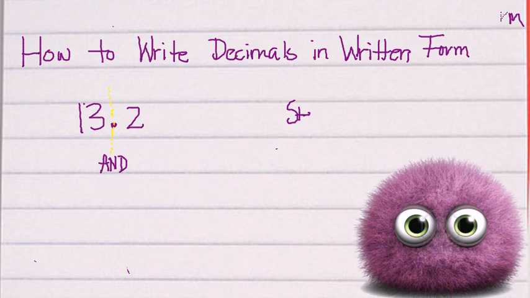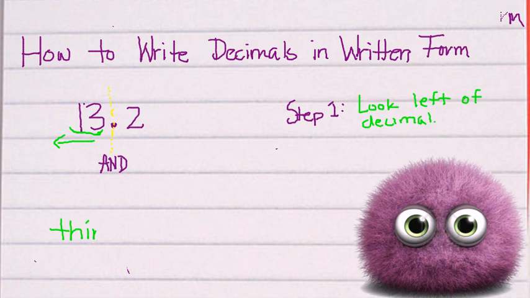Step 1 is to look at everything on the left-hand side of the decimal, and read the number. That number is 13, so I'm just going to write 13.